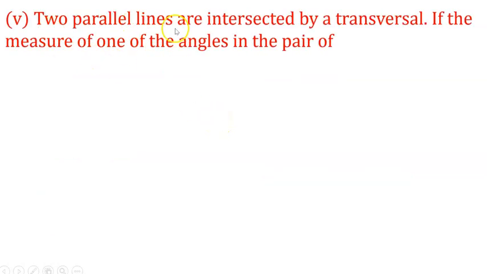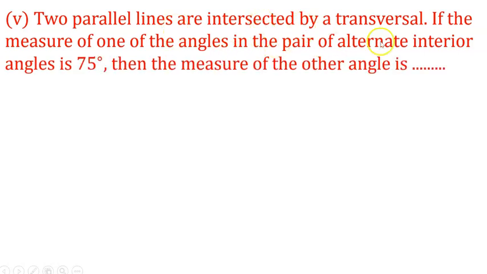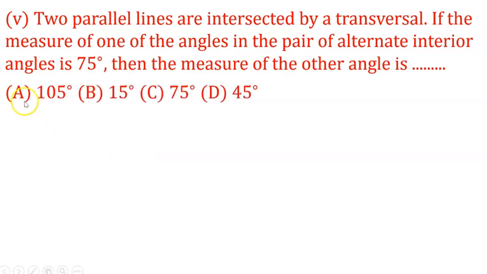Next, two parallel lines are intersected by a transversal. If the measure of one of the angles in a pair of alternate interior angles is 75 degree, then the measure of the other angle is: A is 105 degree, B is 15 degree, C is 75 degree, and D is 45 degree.